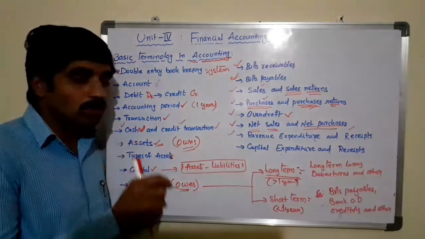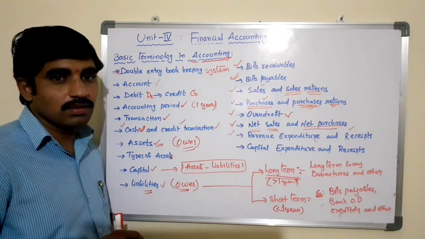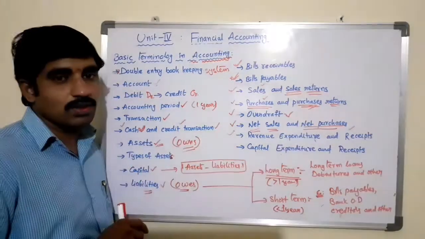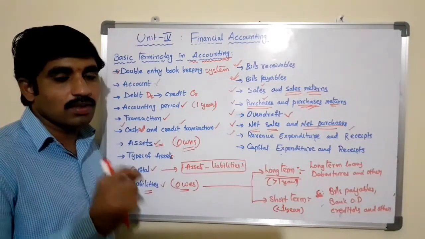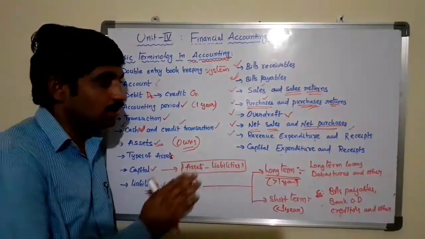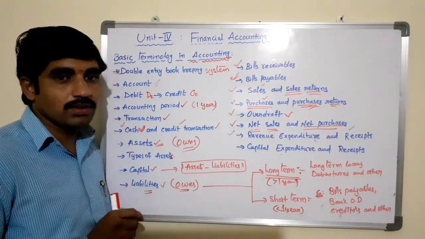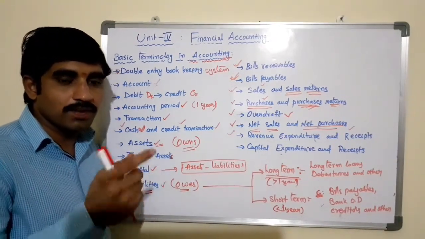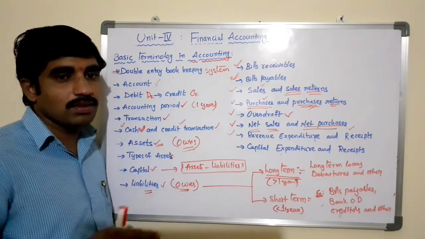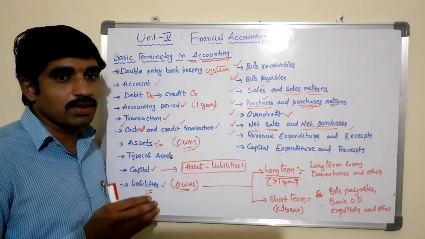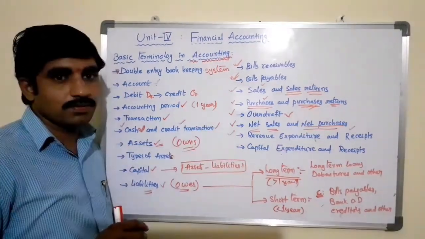So when you sold the goods in the market, the amount you received after sales is known as a revenue receipt. All the sales proceeds come under revenue receipts. Commission received, rent received, dividend received, interest received. All the receipts within 1 year, less than 1 year, come under revenue receipts.